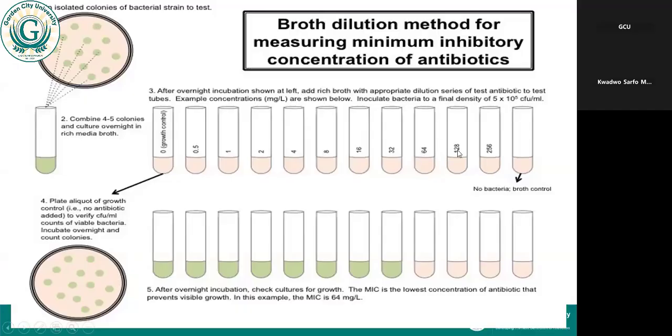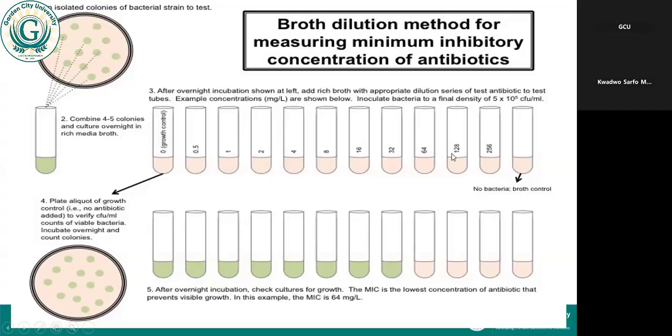But 64 is less than 128. So the 64, that was the starting point to inhibit the growth of these microorganisms, becomes the minimum inhibitory concentration, MIC. So now the clinician knows that if he wants to treat such a condition, 64 will be ideal.